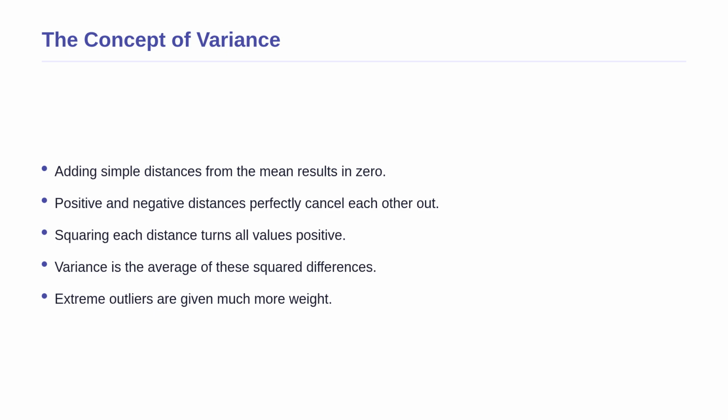To fix this, we square each distance before adding them up, turning all numbers positive. Then we find the average of these squared distances. This fundamental concept is called variance. Because we square the differences, variance gives much more weight to extreme outliers, meaning a data point that is far from the mean will increase the variance significantly more than a point that is close.